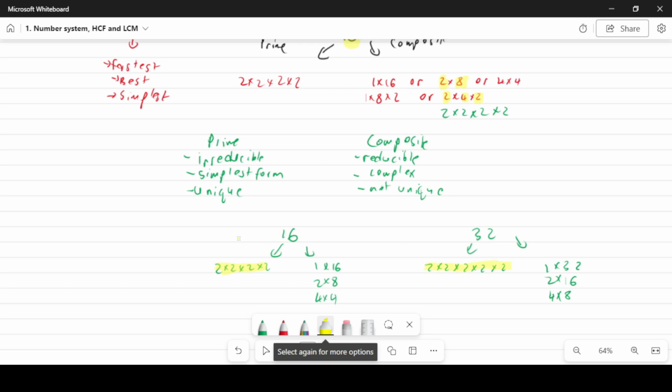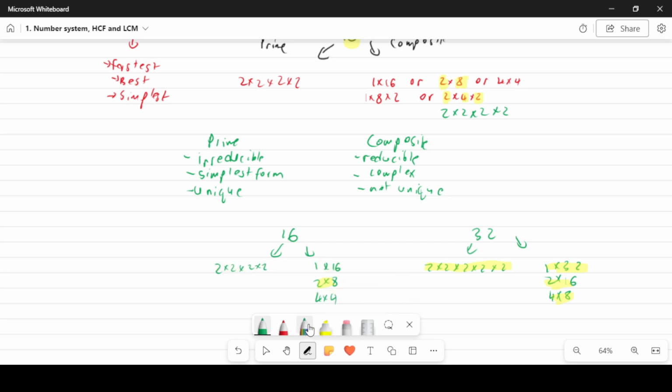But if I represented them with composite numbers, there's three possibilities, and I didn't even list all of them. These are just some of the ways. I can still further simplify this as 2 times 4 times 2, and this as 2 times 2 times 2 times 2.